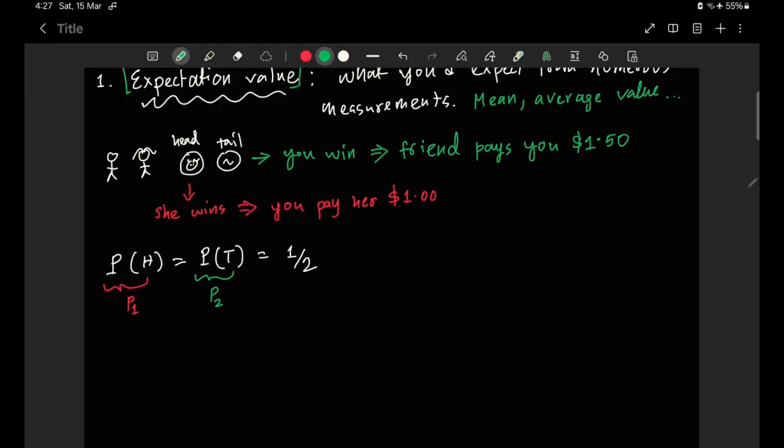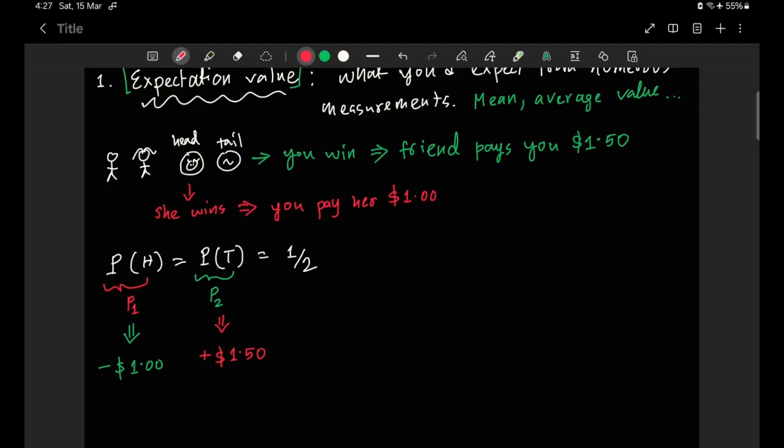So whenever there is a head, the outcome for you is minus $1 because you lose money. And whenever there is a tail, the outcome for you is plus $1.50. Okay, so you'll win $1.50.